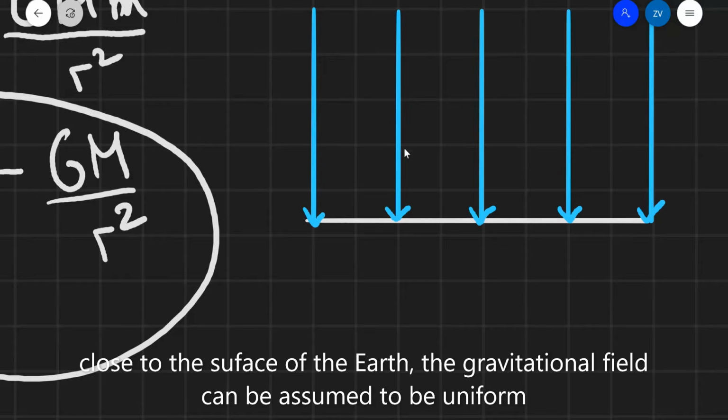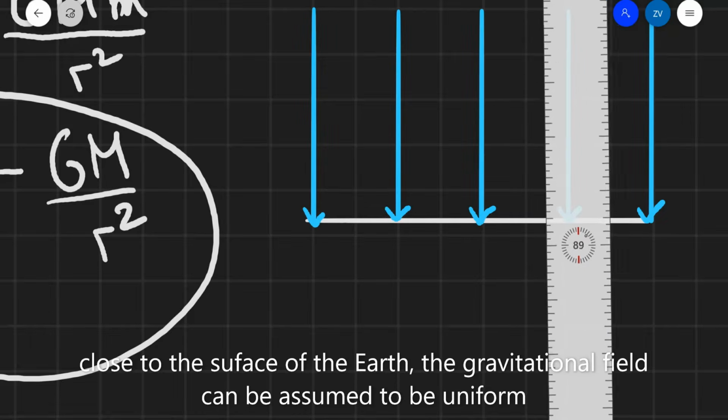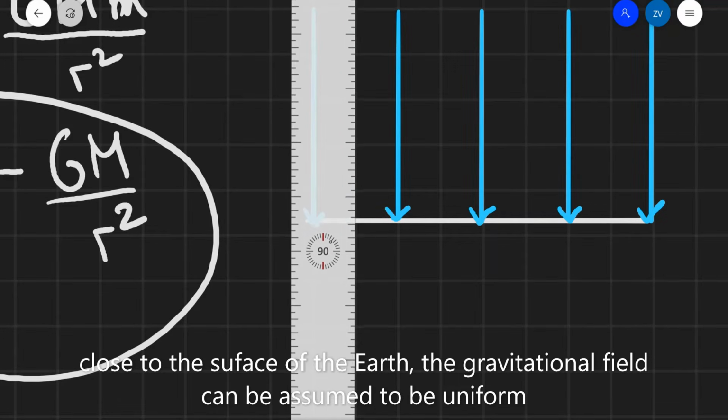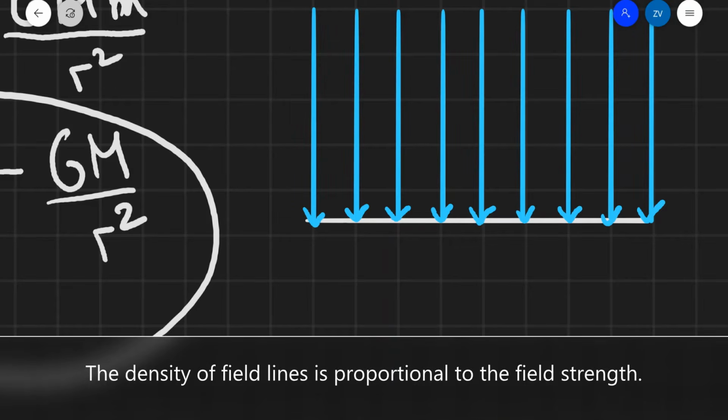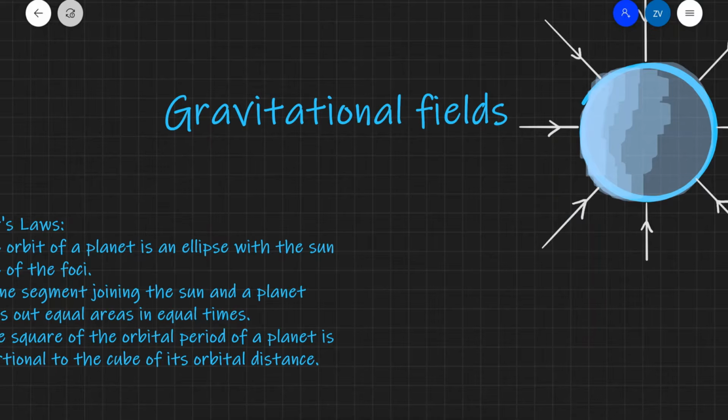That means that the distance between them is absolutely constant. If the field was stronger, we would just add some more lines, just like this, which is an example of a stronger gravitational field. Remember, gravitational fields is what's actually keeping the planets in orbit.